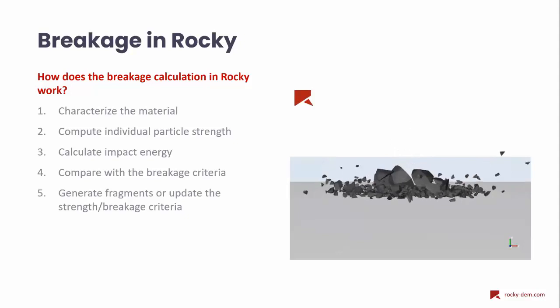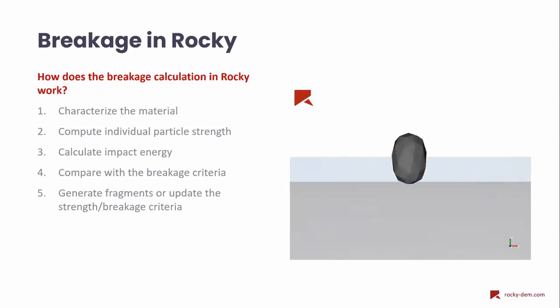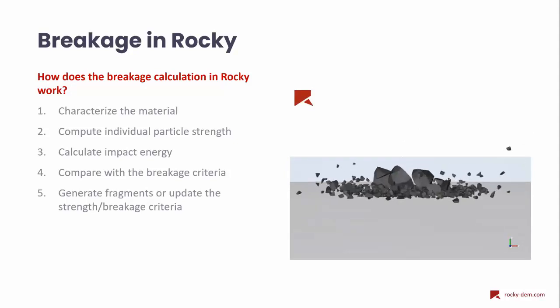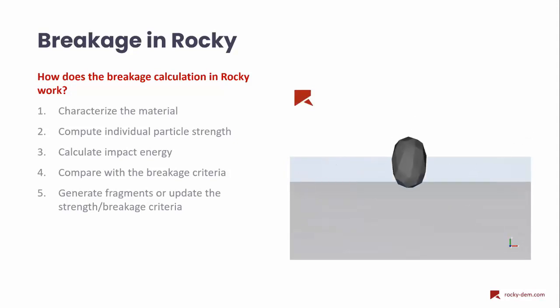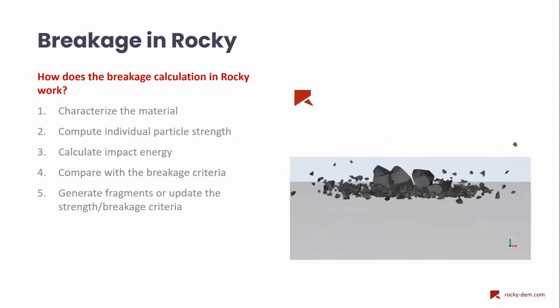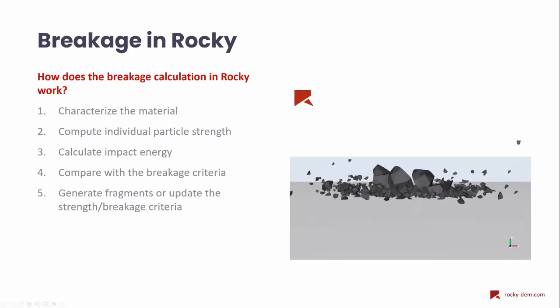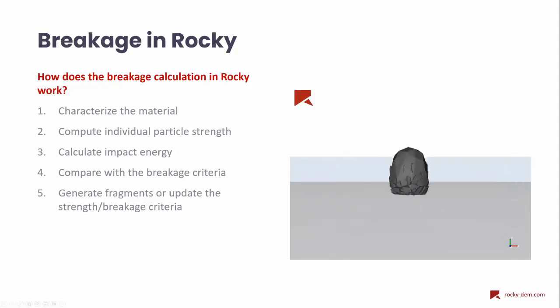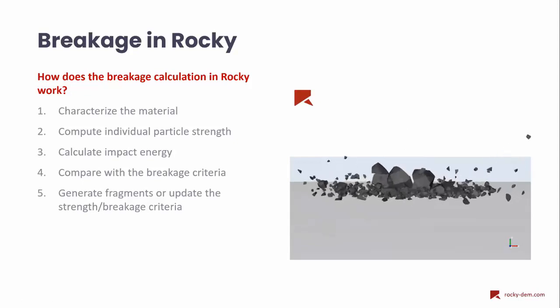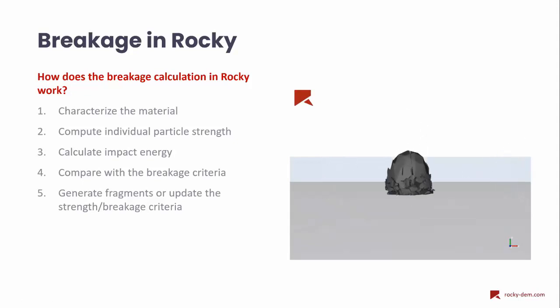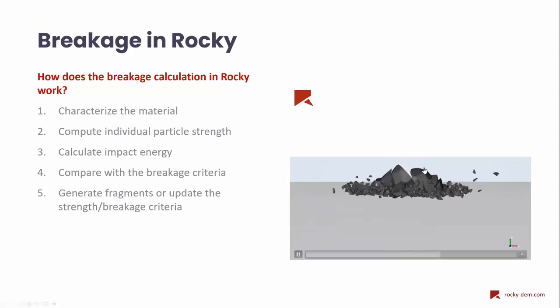During our simulation, every particle in the domain will have its own strength calculated based on the material properties, particle size, and some probability functions that we have built into the breakage models. Once a particle undergoes an impact event or a compression, Rocky will compute the energy applied to the particle. If this energy is larger than a certain threshold or a computed probability of breakage, the particle will break.